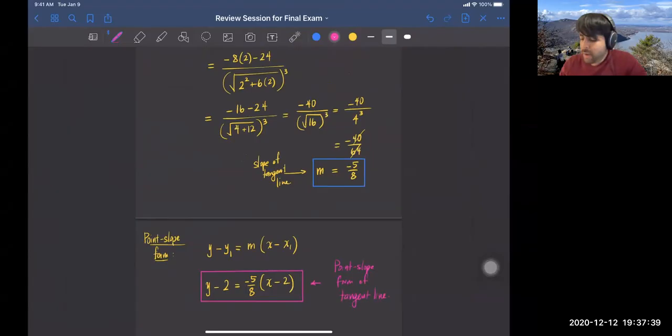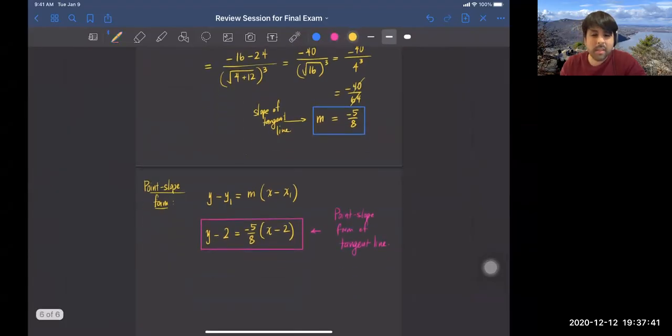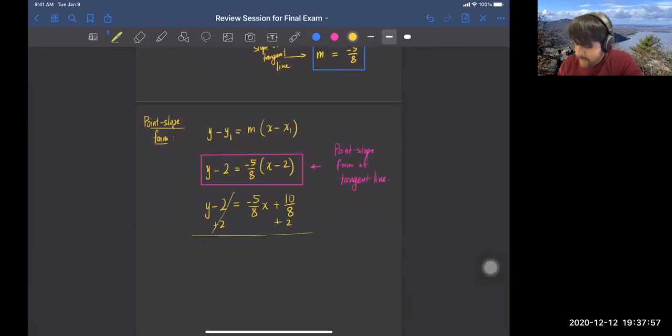Right? And if I want to write this as slope intercept form, I would have to distribute. So this becomes y minus 2 equals -5/8 x plus 10 over 8. I add 2 on both sides. And I get y equals -5 over 8 x plus 10 over 8 plus 2, which equals 10 over 8 plus 16 over 8, which equals 26 over 8.